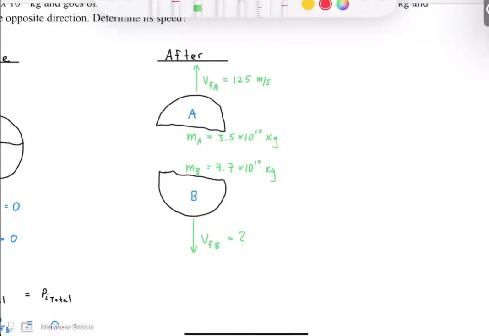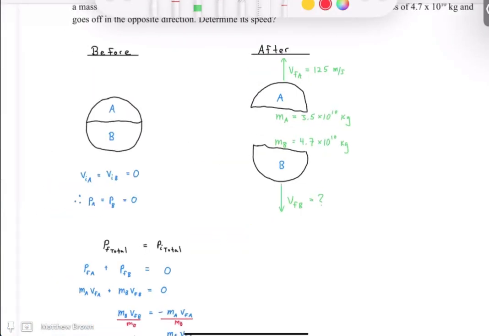But also mass A is less than mass B, right? So it would make sense that the more massive one would have less velocity, to balance these two things out. So yeah, that hopefully makes sense.